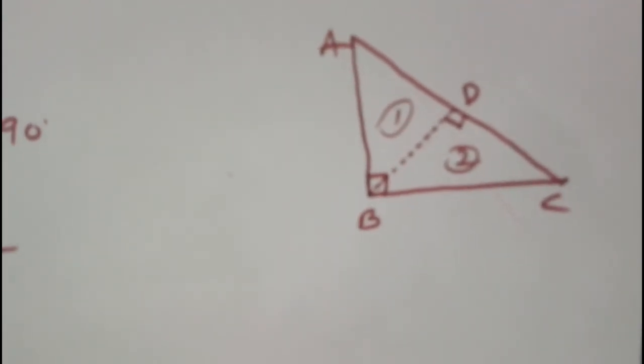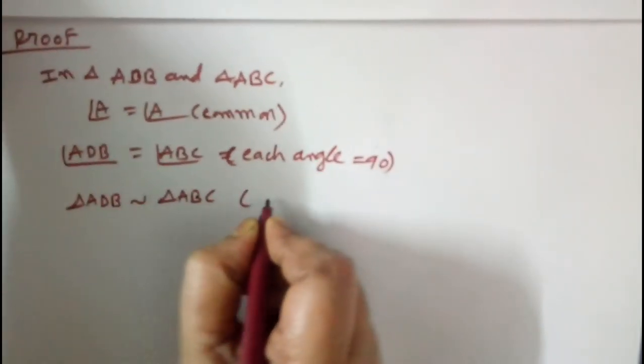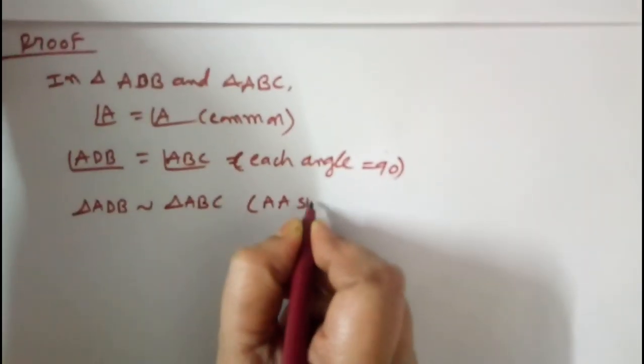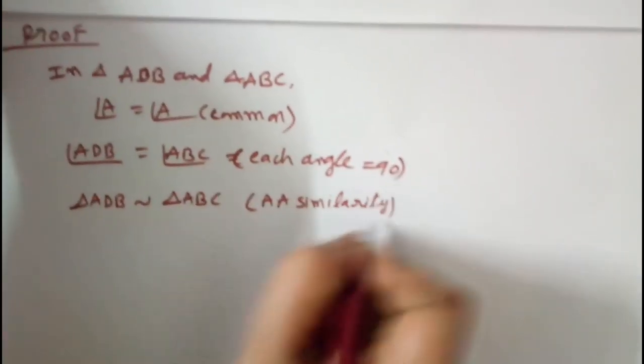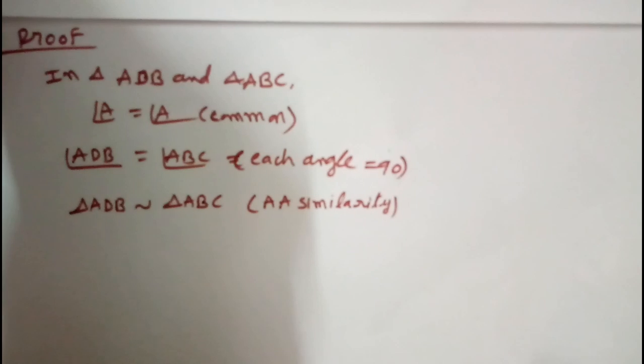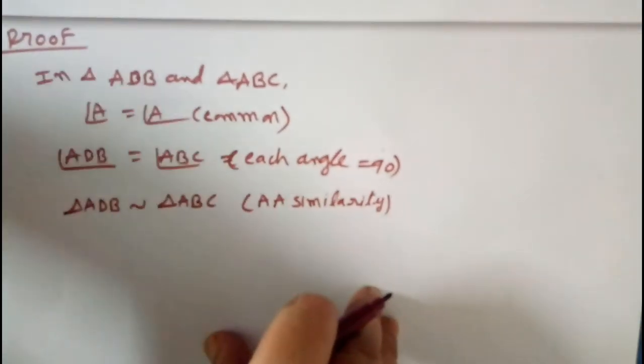Triangle ADB is similar to triangle ABC, by which similarity? AA similarity. The two triangles are similar, then the corresponding sides are proportional.